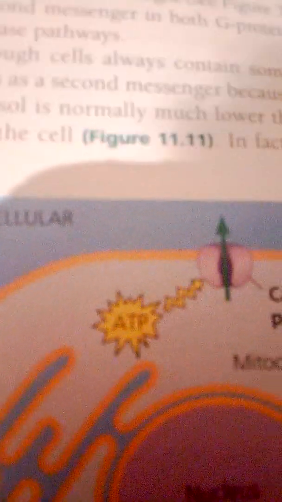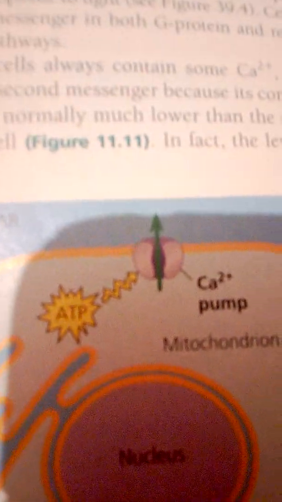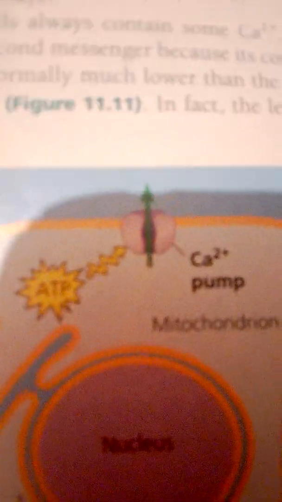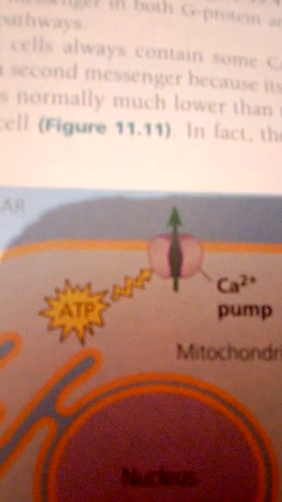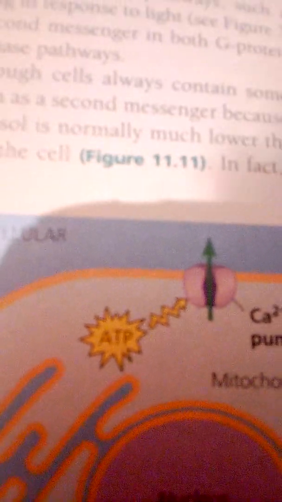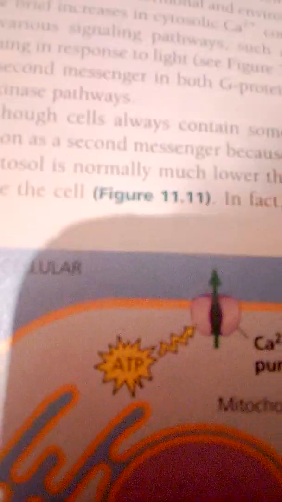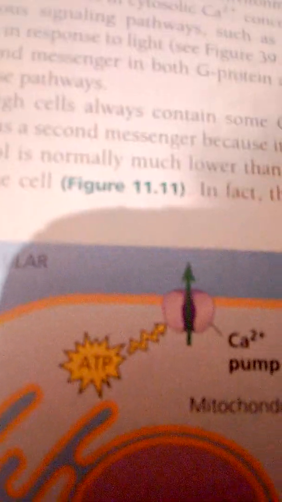Because the modified G protein is unable to hydrolyze GTP to GDP, it remains stuck in its active form, continuously stimulating adenylyl cyclase to make cAMP. The resulting high concentration of cAMP causes the intestinal cells to secrete large amounts of water and salts into the intestines.